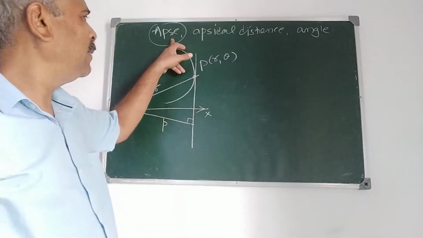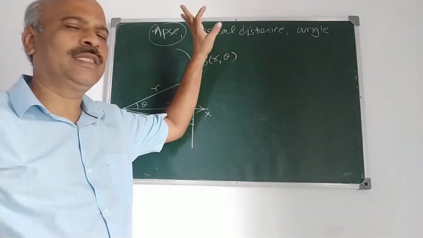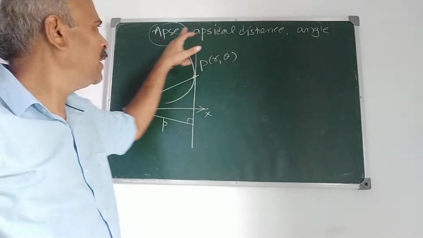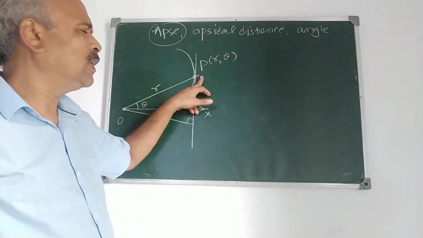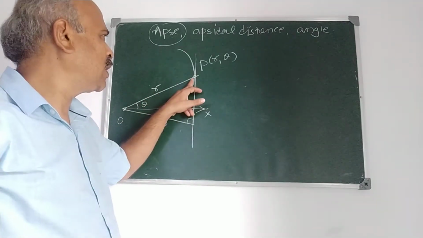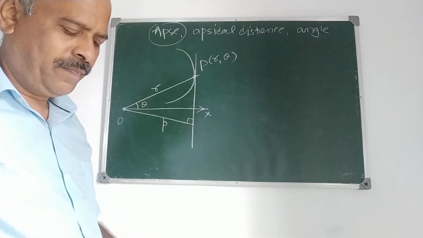So what is this apse? Definition important, may be asked. Define apse and apsidal distance, or define apse and apsidal angle. What is an apse? Apse is a point on the central orbit where the radius vector is either maximum or minimum.